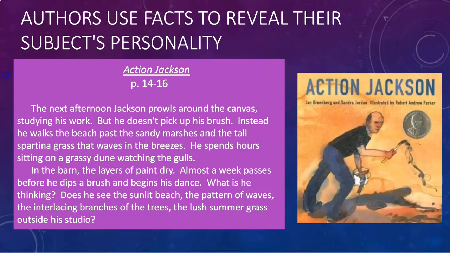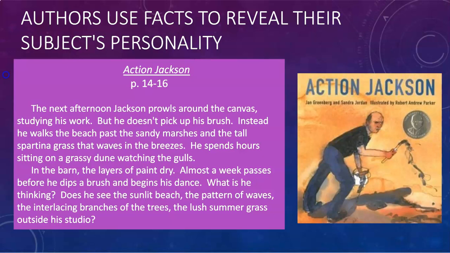Authors use more facts to reveal their subject's personality. So again, we're staying with Action Jackson. We're going to page 14 through 16, and we see it there on our screen. The next afternoon, Jackson prowls around the canvas studying his work, but he doesn't pick up his brush. Instead, he walks the beach past the sandy marshes and the tall spartina grass that waves in the breeze.